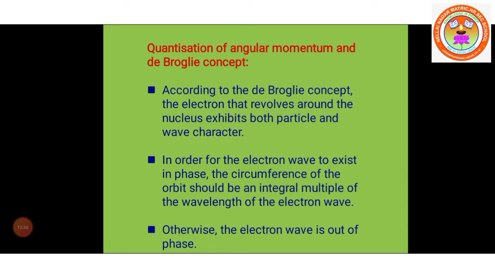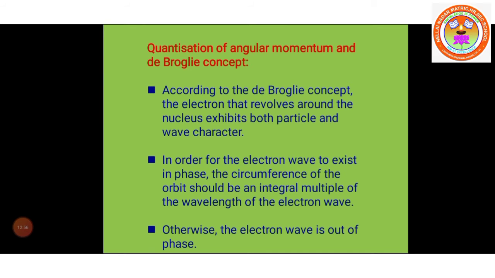In order for the electron wave to exist in phase, that means it continuously revolves around the nucleus in a particular orbit. That is called in phase around the orbitals.